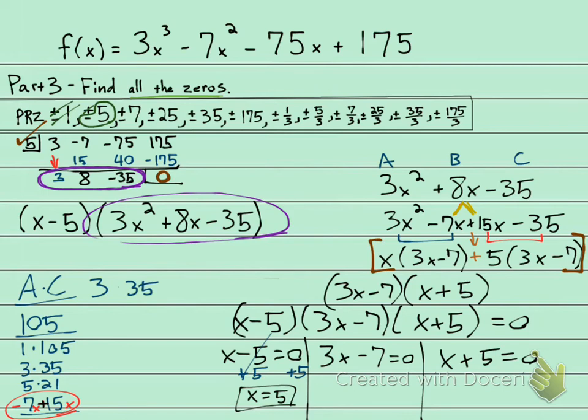Let's solve this one. Add 7 to both sides. 3x equals 7. Divide both sides by 3. X is 7 over 3. And then subtract 5 from both sides. X is negative 5. Okay, so here are my three answers, my three zeros.